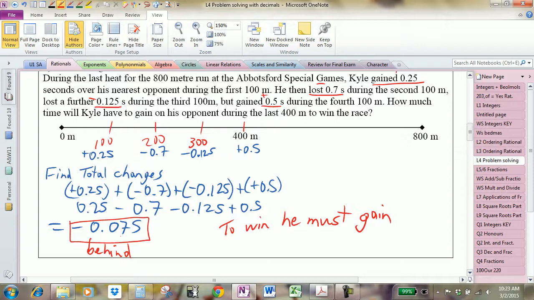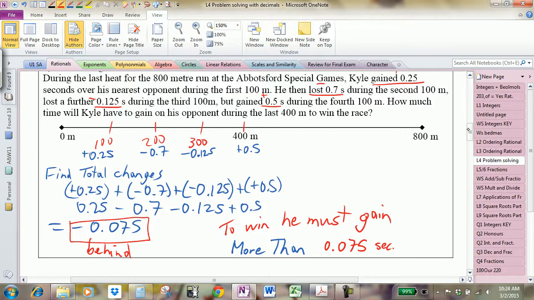Not at least, because then it's only a tie. Yeah, more than. Okay, so that's some key words there. He must gain more than 0.075 seconds. Any questions?